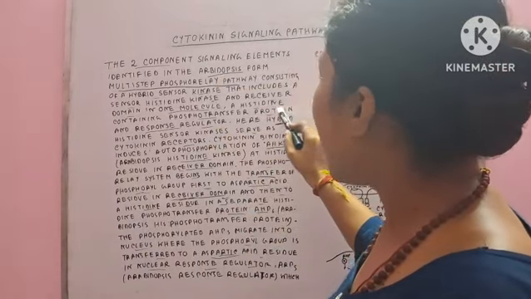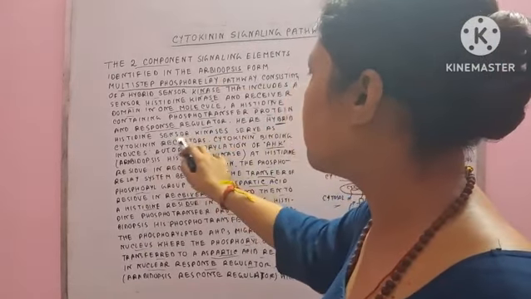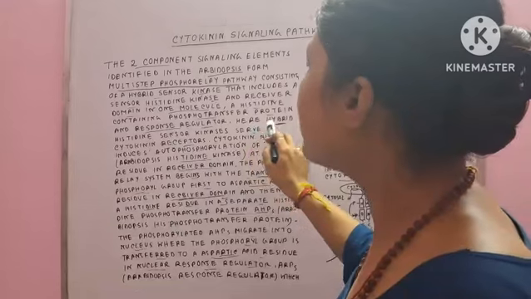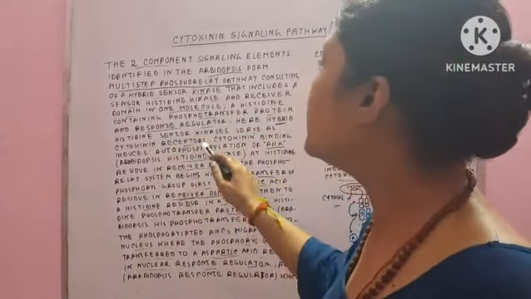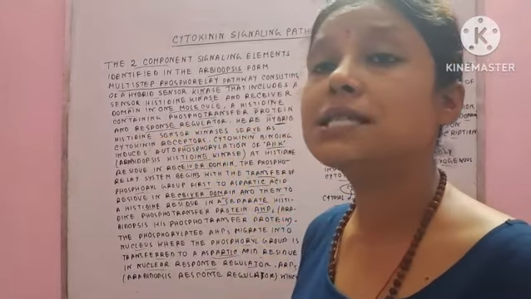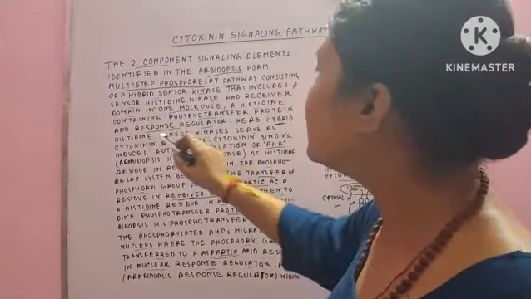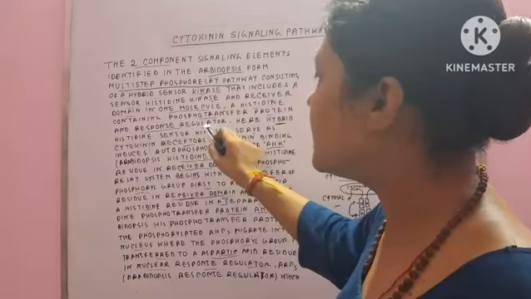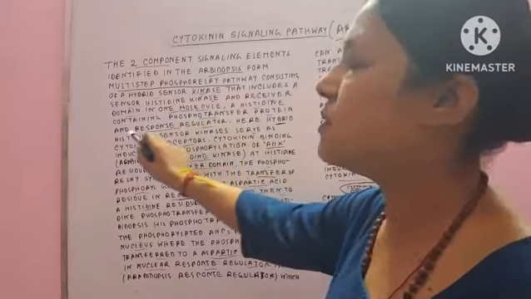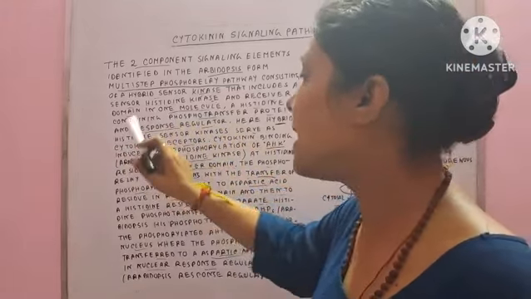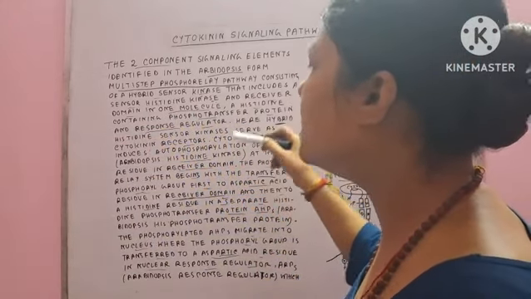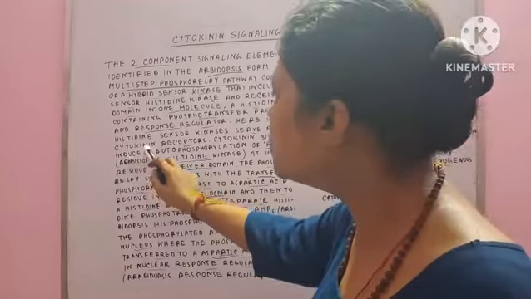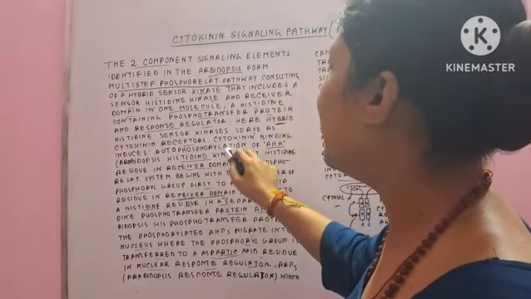Here, these hybrid histidine sensor kinases serve as the cytokinin receptors, that means they can bind with the cytokinin hormone. When the cytokinin binds with the receptor, that induces autophosphorylation.